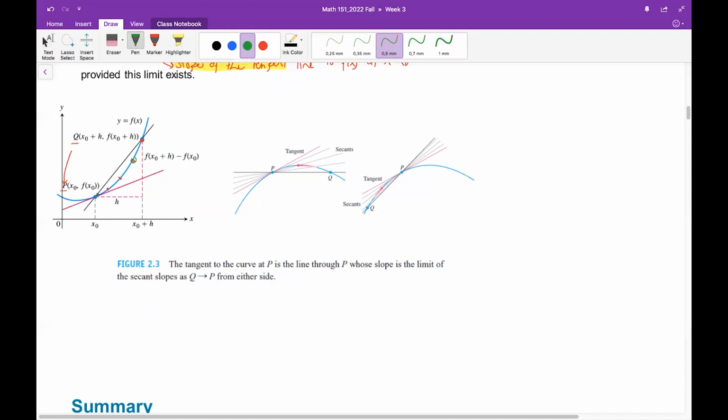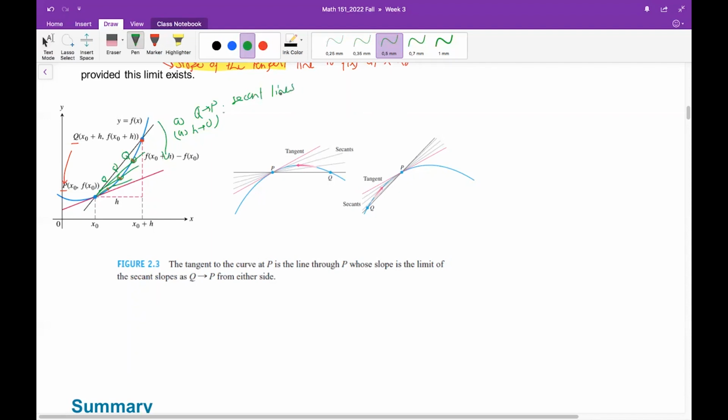At each step, you draw a new secant line like this, and then you see that as the points Q approach P, all the secant lines are approaching. As Q goes to P, this means that as h goes to 0, what happens?